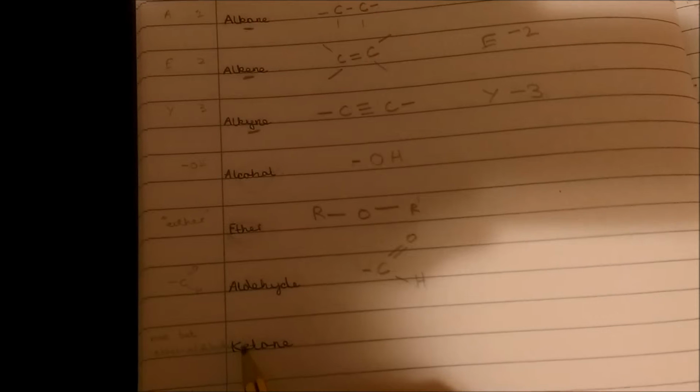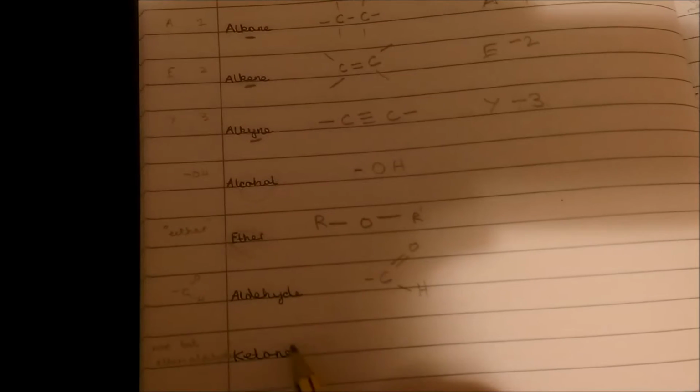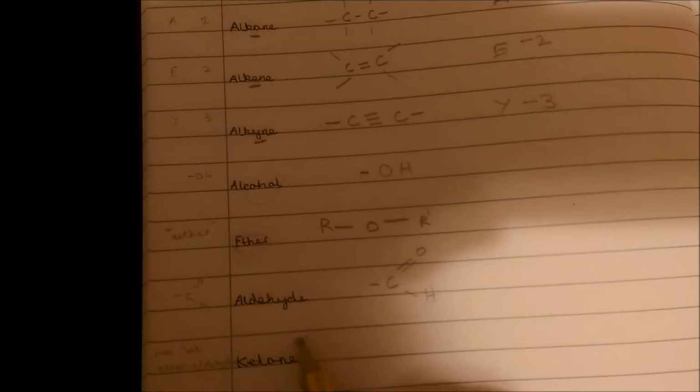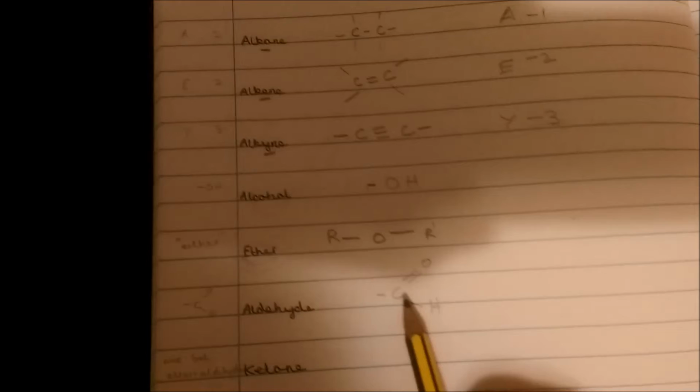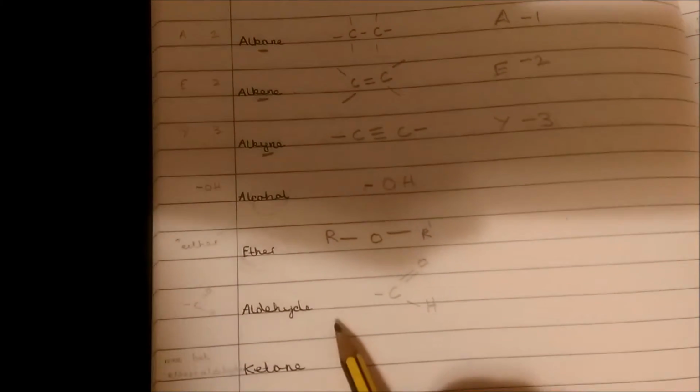Next, moving on, we have the ketone. Now, the ketone is going to be a mix between the aldehyde and the ether. And we're going to see this shortly. The ketone looks somewhat like this.